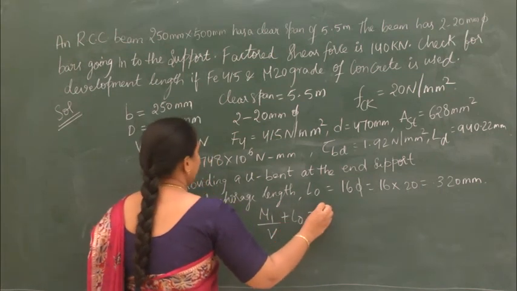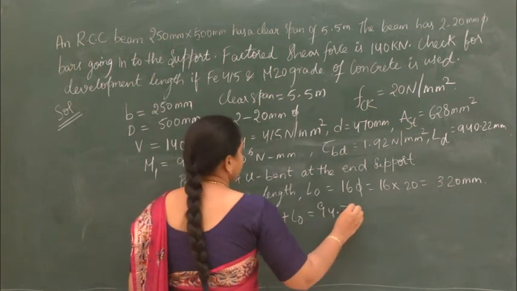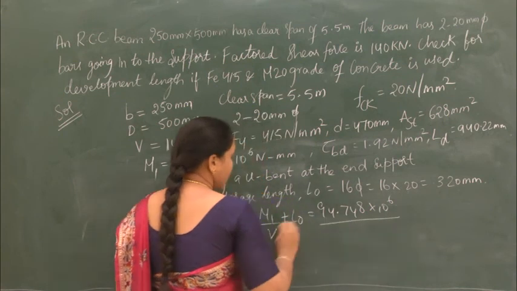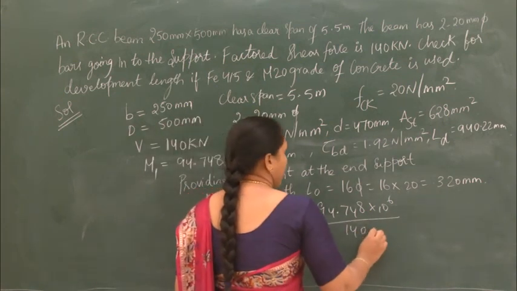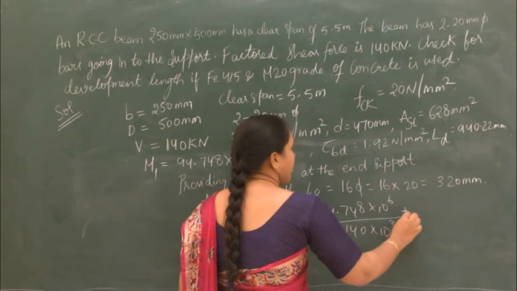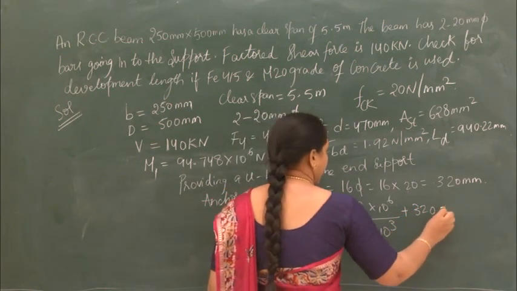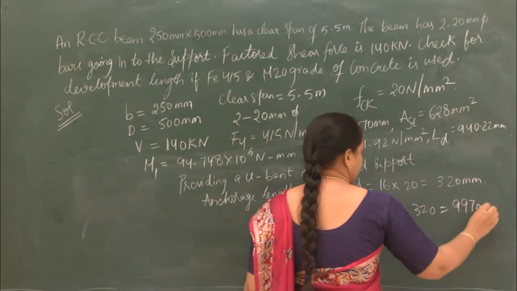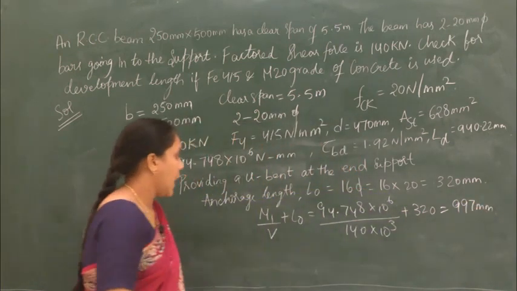M1 is 94.748 into 10 to the power of 6 divided by V, which is 140 into 10 cube, plus 320 mm. If you solve this, you will get a value of 997 mm.